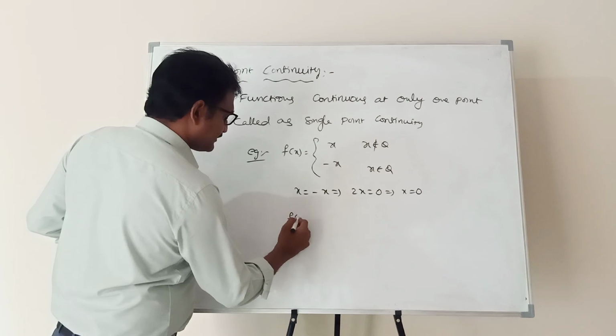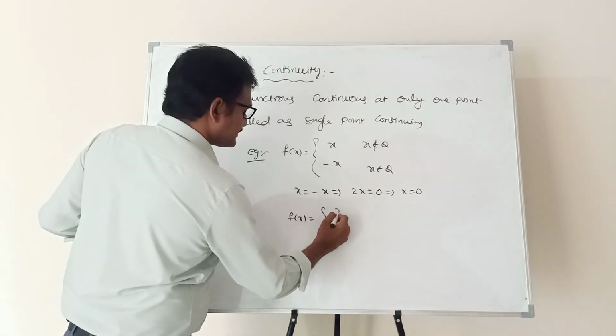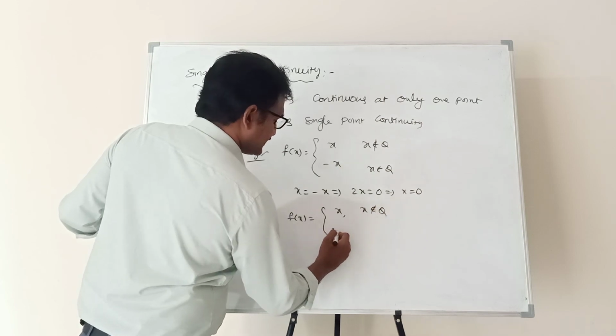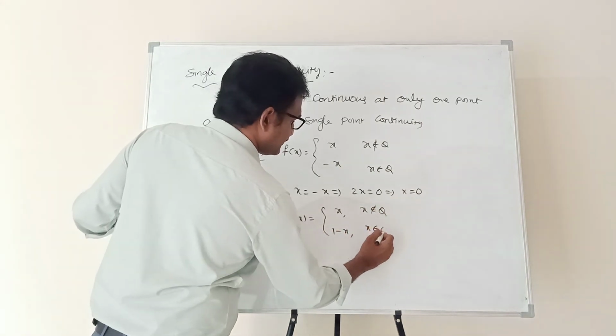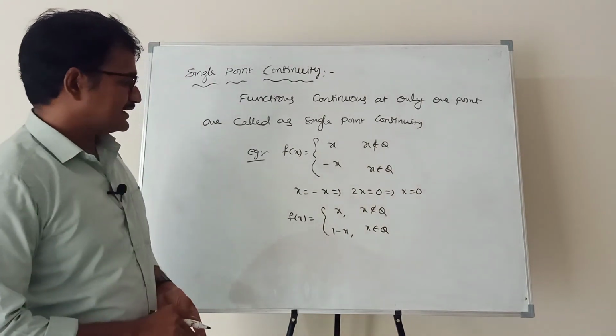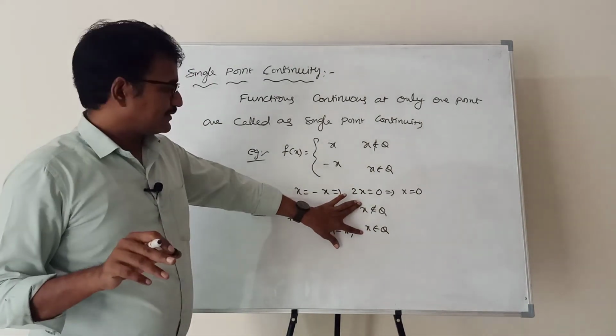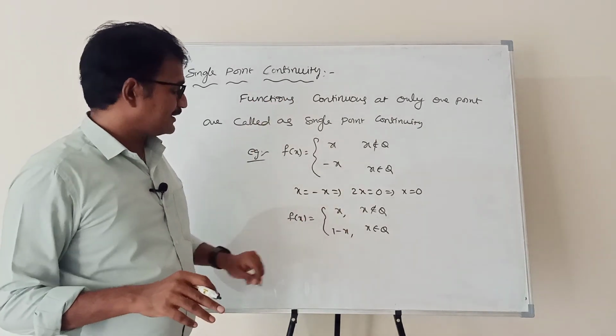Similarly, one more example. Example 2: f of x equal to x if x does not belong to Q, and 1 minus x if x belongs to Q. If these two conditions are there, the problem belongs to single point continuity.